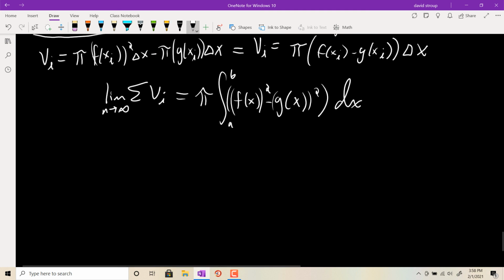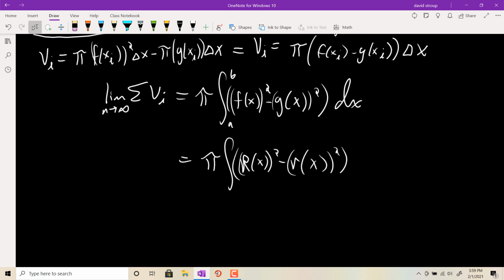And the way I usually think of f of x and g of x is like a big radius, big R of x, minus a little radius, little r of x, dx.